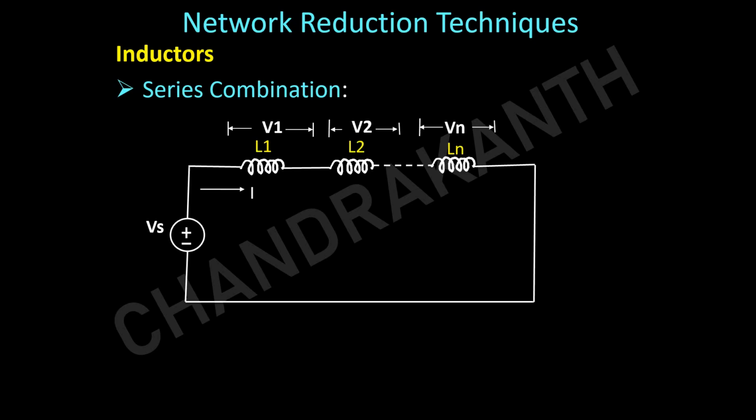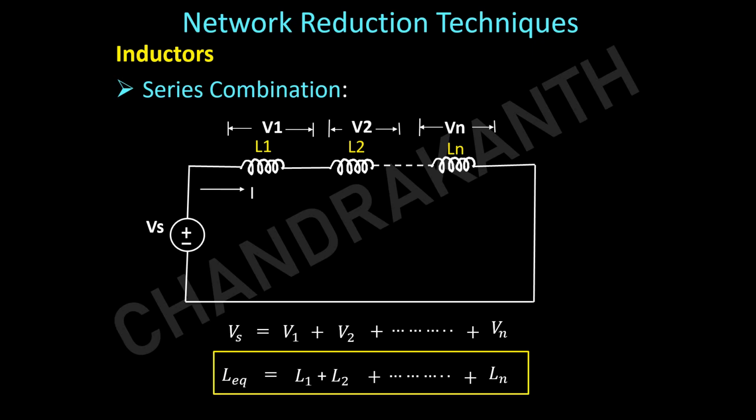If n inductors are connected in series, we will get the formula L equivalent equal to L1 plus L2 plus and so on Ln. In the same way, you just have to apply KVL for the network and write the voltage equations in terms of the inductance, and the di by dt terms get cancelled. Finally, we will get this expression.